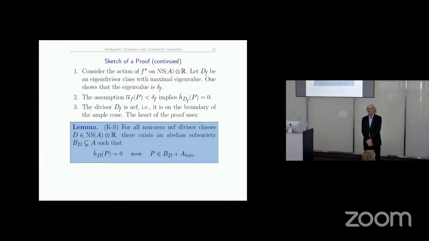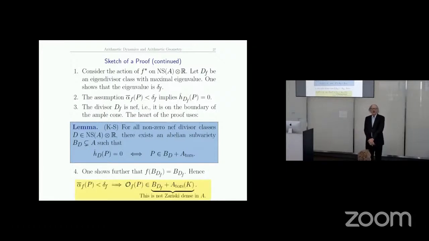And the proof of this uses a bunch of algebraic geometry. In our case, we have this special divisor, this eigendivisor D sub f, and one can show that f maps this special subvariety to itself, and then at the bottom of the slide there, we're done with the theorem. Arithmetic degree less than dynamical degree implies the whole orbit is contained in translates of this proper subvariety, which is not Zariski dense.